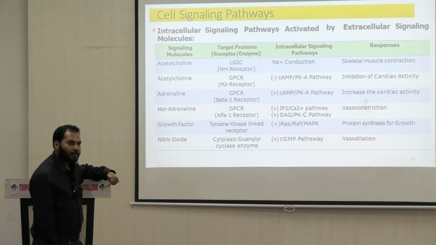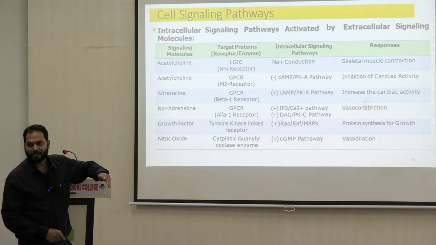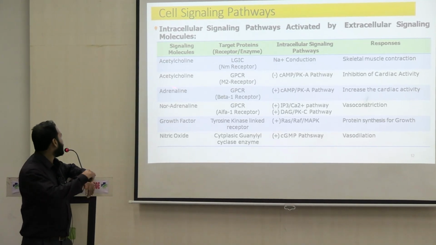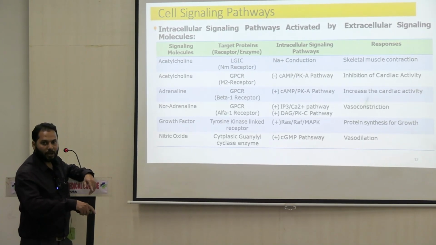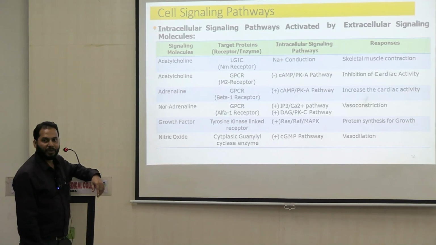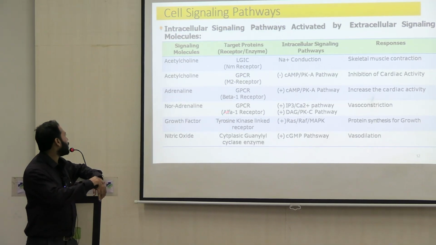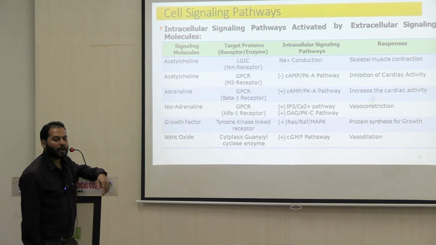And at the same time, the intracellular signaling pathway is also different. Let's say for adrenaline, as I have just mentioned, the pathway is the cyclic AMP-PKA pathway. But for another important one, noradrenaline, it is like the IP3 calcium ion pathway.